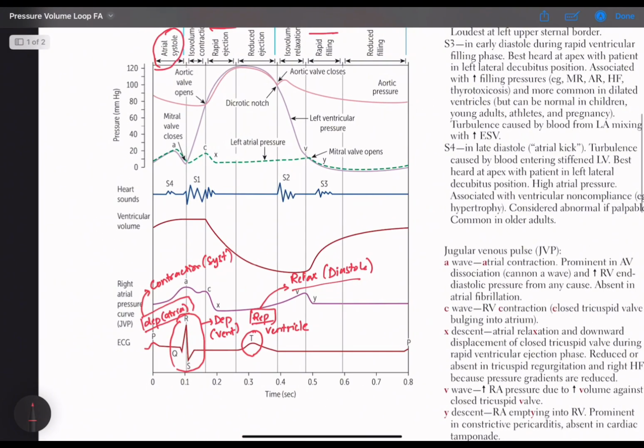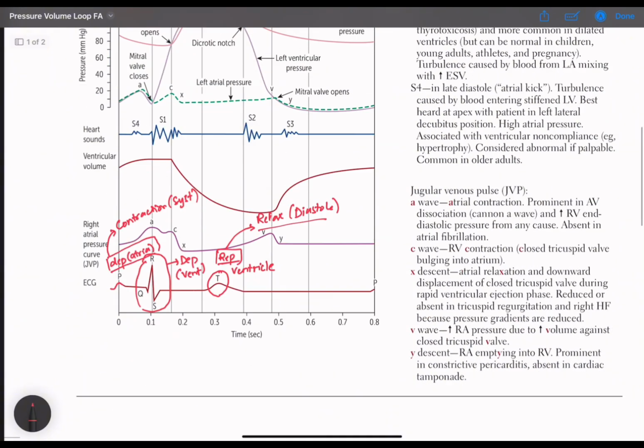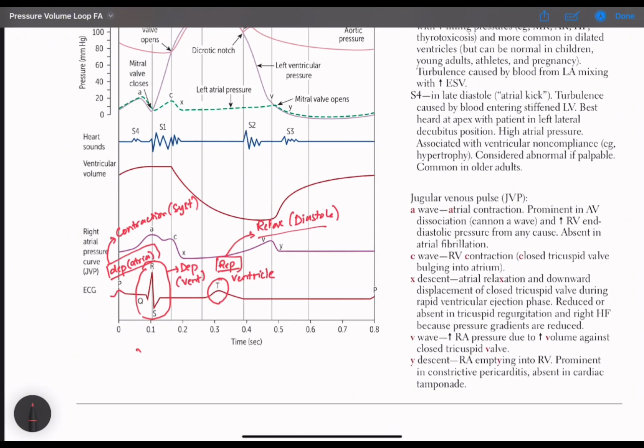If we look at the electrical activity as well as the different phases, we don't see the phase of atrial diastole. Actually, the phase of atrial diastole is masked by the QRS complex.